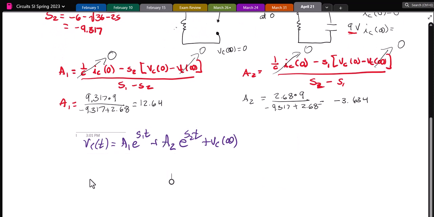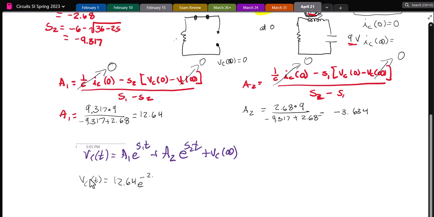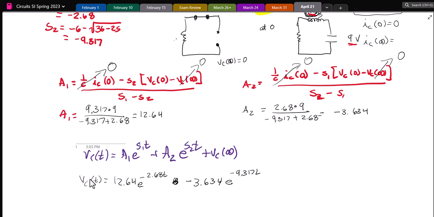So now we can say that VC of t is 12.64 e to the minus 2.68t, plus A2 is negative 3.634, so I'm going to say minus 3.634 e to the negative 9.317t, and then plus v at infinity, which was 0. So that's your final answer.